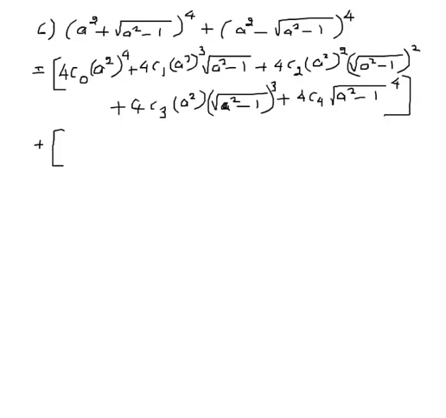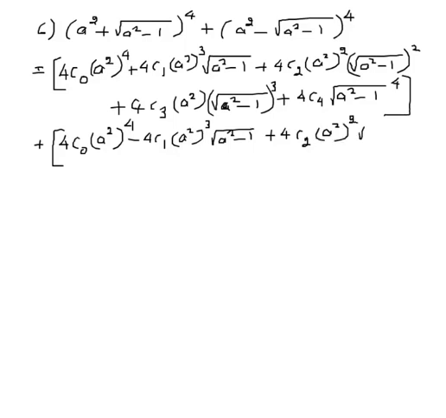The second expansion will be the same with alternate positive and negative signs: 4C0 a square whole power 4 minus 4C1 a square the whole cube multiplied with root of a square minus 1 plus 4C2 a square the whole square root of a square minus 1 the whole square. The next term will be negative and the last term is positive.